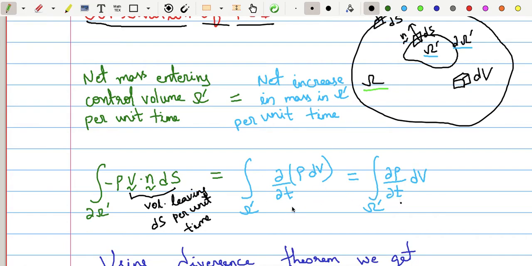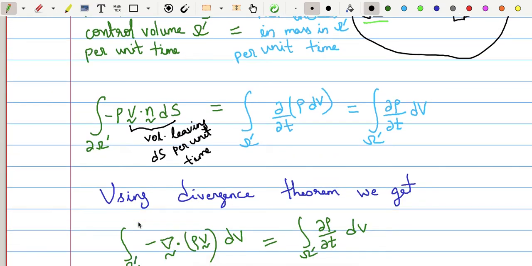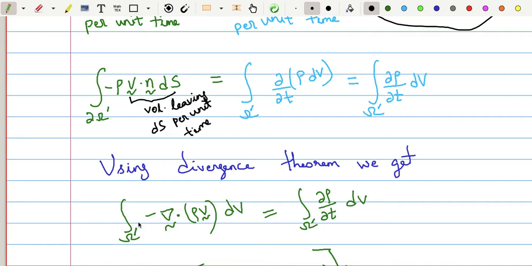Now, on one side we have a volume integral and on the other side we have a surface integral. How do we get a volume integral from a surface integral? We can make use of the Gauss divergence theorem. Wherever you have a dot n, that will be replaced with the divergence operator.